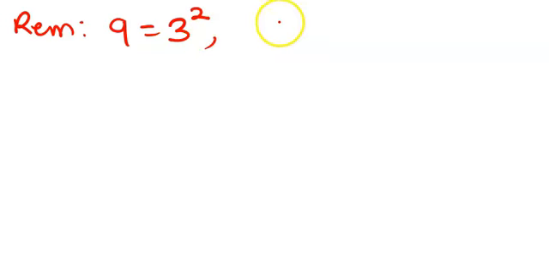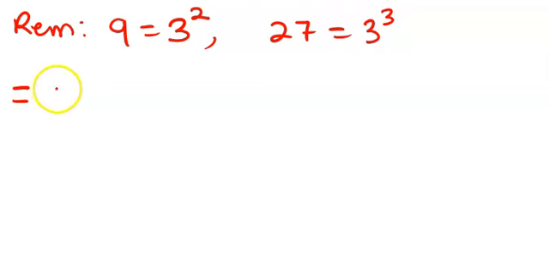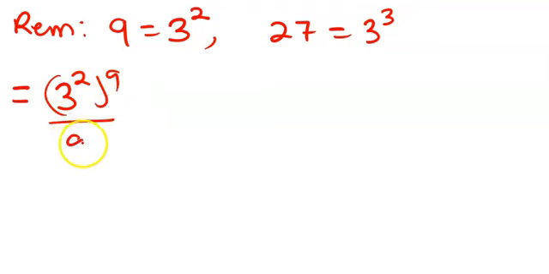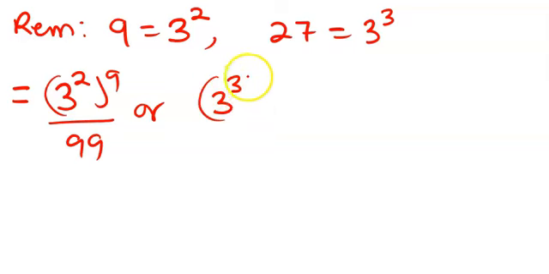And then 27 is the same as 3 raised to the power 3. So therefore, we are going to have 9, we can write it as 3 raised to the power 2, all raised to the power 9 over 99, or 27, we can write it as 3 raised to the power 3, all raised to the power 6 over 77.